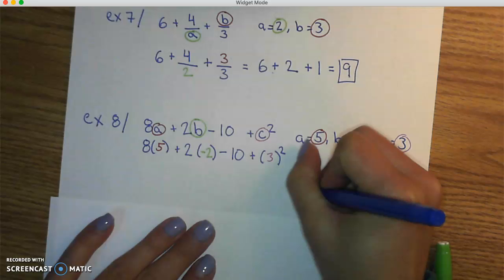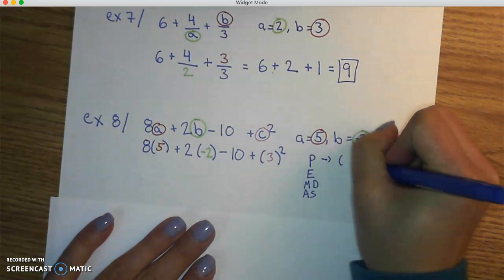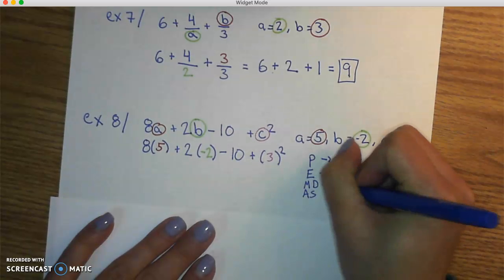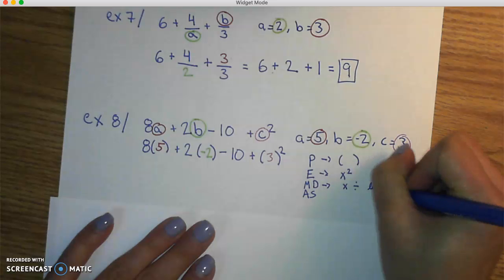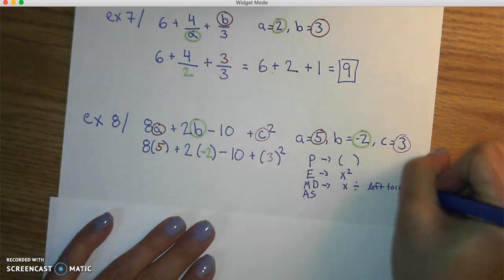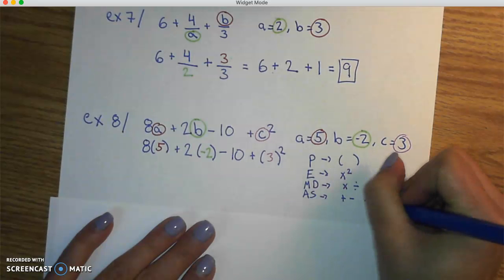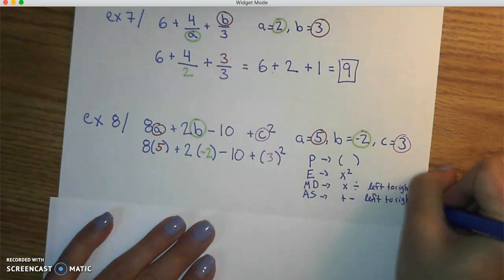PEMDAS? Yeah, the P is for parentheses, the E is for exponent, and then we have multiply and divide from left to right, and then we have add and subtract from left to right.